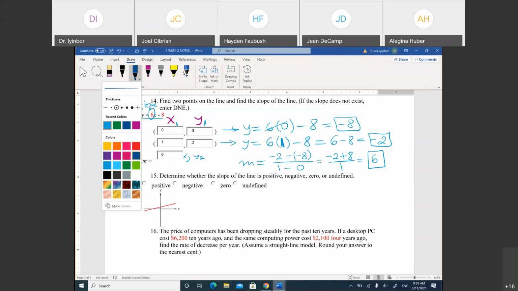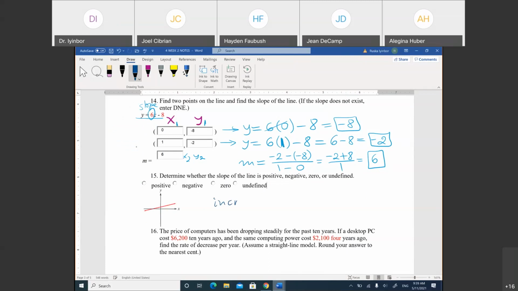It's an increasing line. So for an increasing line, what kind of slope does it have? Positive. Positive slope, yes. So that's my answer. It's positive.